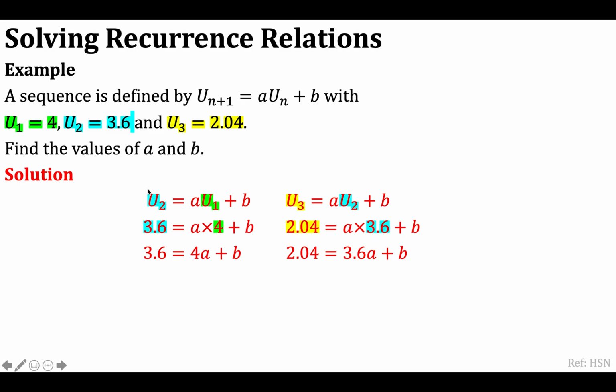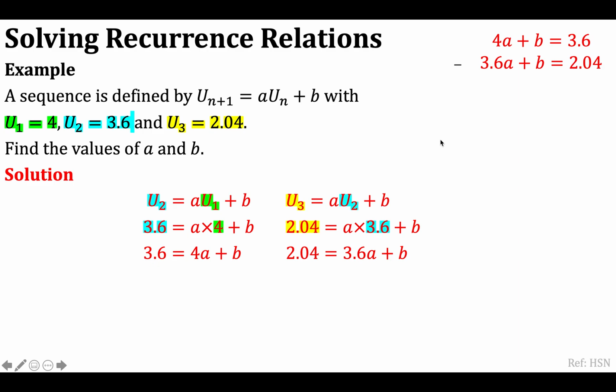So it's good that I've got these 2, which involve the information that I've been given. I'll write these out like my simultaneous equations would have been written last year in National 5. So 4a plus b is equal to 3.6, and 3.6a plus b is equal to 2.04.